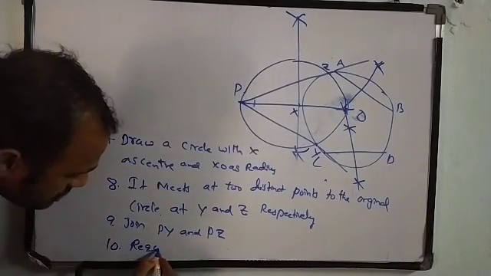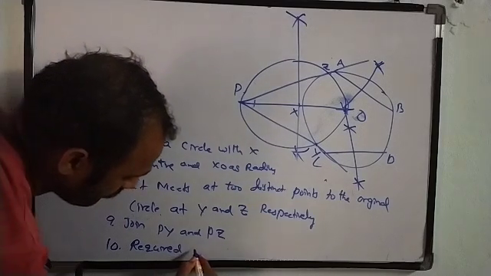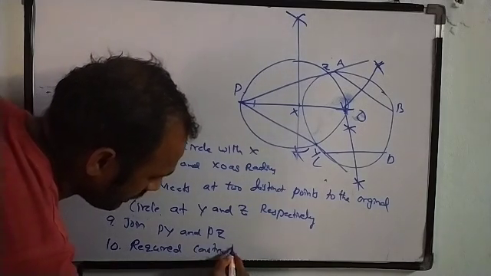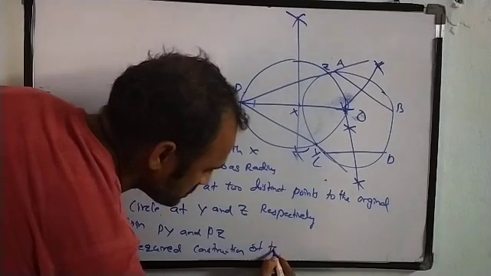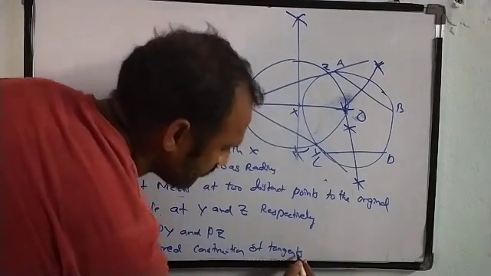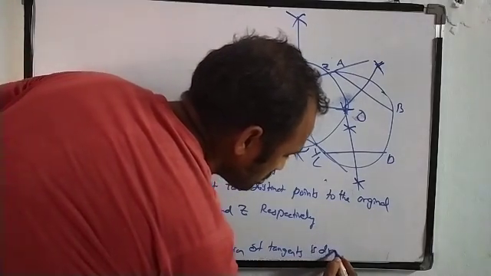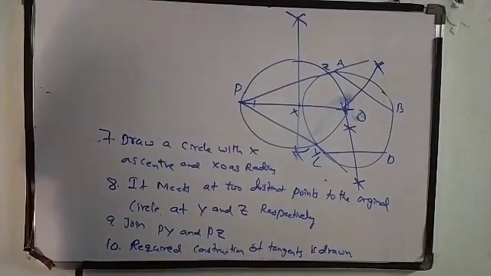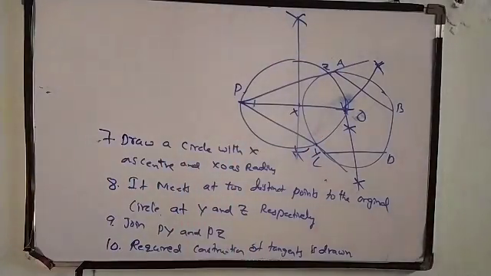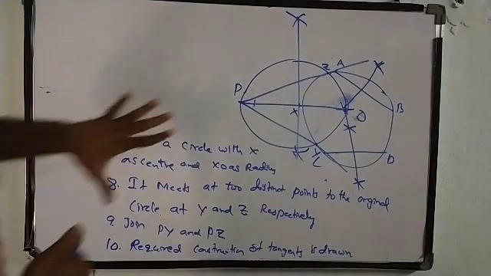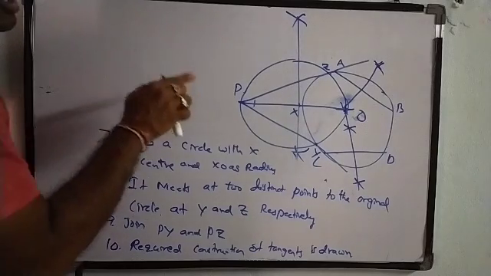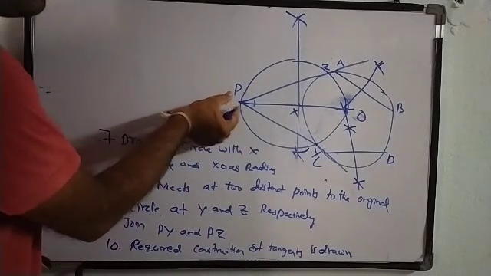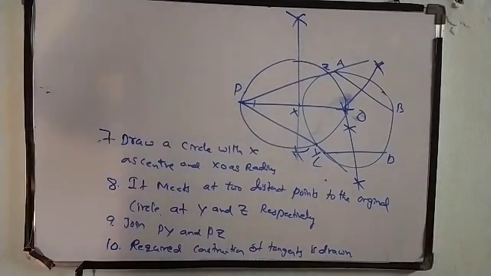So the required construction of tangents to the circle is drawn. In this way, make sure that we draw tangents from the external point. This is the method to draw the tangents from an external point.